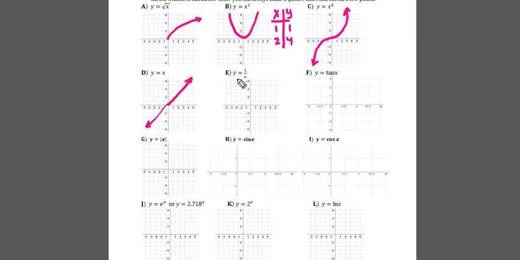Okay, 1 over x, this is one where you might, for now, make a little t-chart and see what happens. Like if you put a -4 in, see where you're at. Well, your y would be -1/4. So it'd be here and real tiny here. If you have a -1, your y value would be 1 over -1, or just -1. It'd be here.